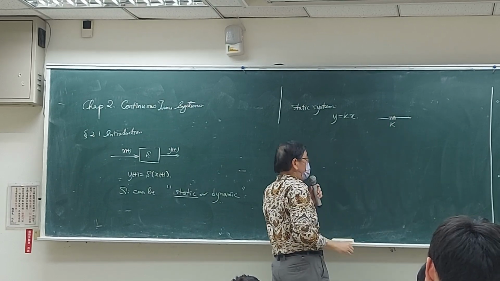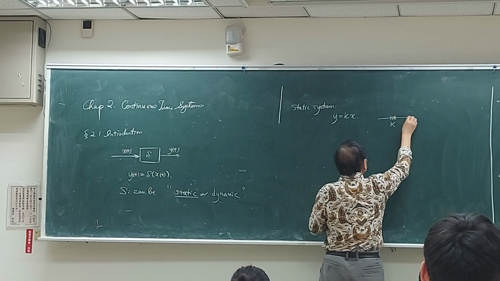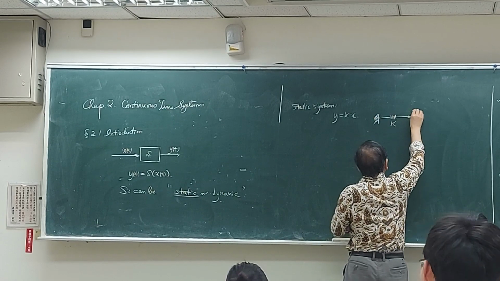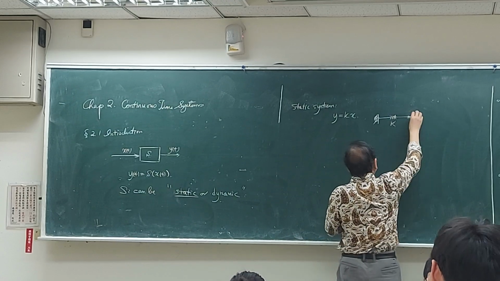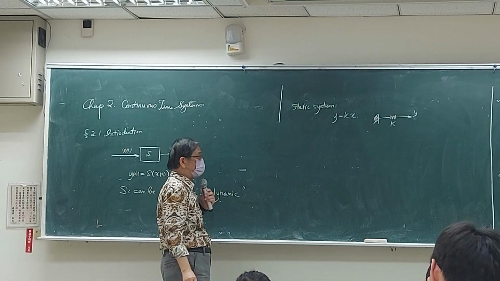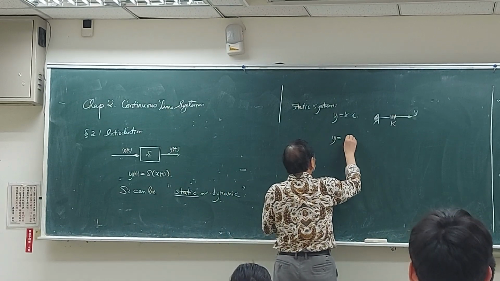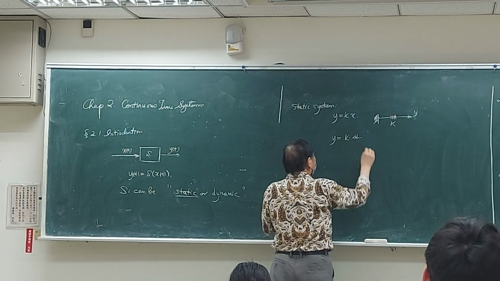The spring constant is K, and then you have the force F. Then y is the output. Okay, this y actually is the applied force. So y is equal to K times delta F.